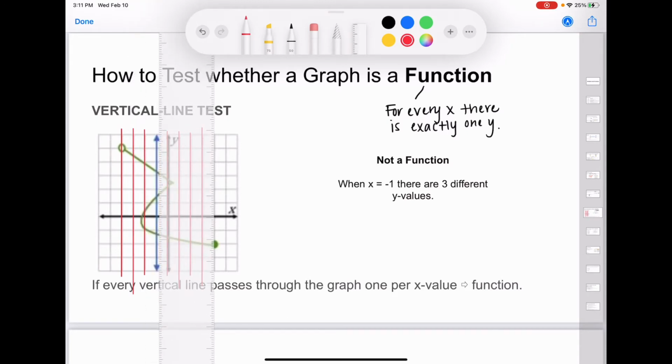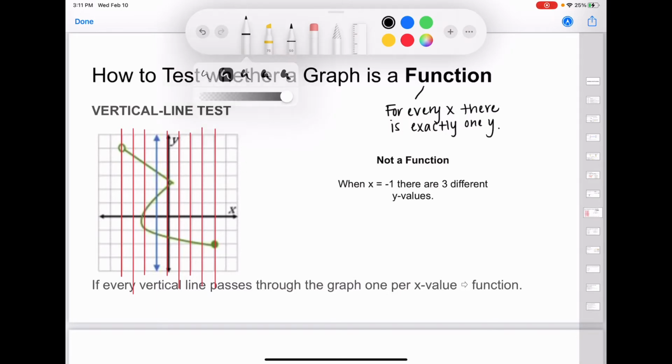Okay. And basically what this shows us is when we're doing the vertical line test, we want to make sure that if something is a function, there are no repeated coordinates on those vertical lines. So for example, on this line, there's one coordinate. On this line, 1. This line, there's 2 coordinates. And so that's a problem because that means for that specific x value, there's more than one y, so that wouldn't be a function.